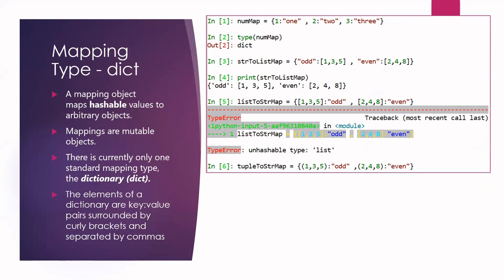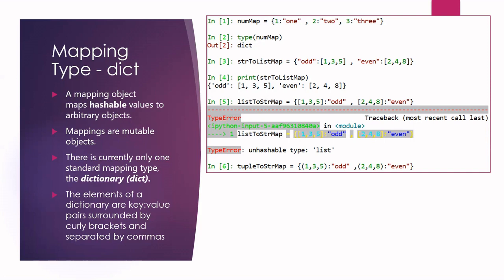So the dictionary is just key value pairs. Each element of the dictionary is a key value pair, and the key and value are separated with a colon. The elements themselves are separated with commas. So you see here, this is the key and this is the value. And then comma means that this is the second element in the dictionary and this is the third element.